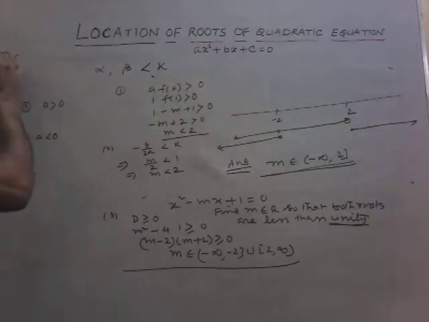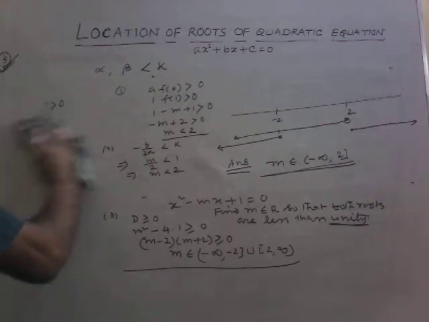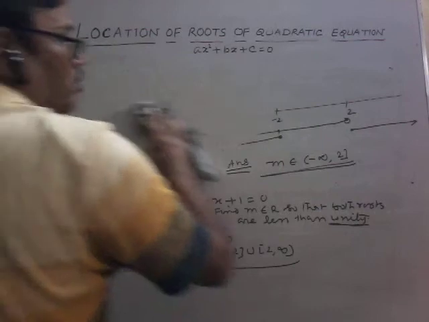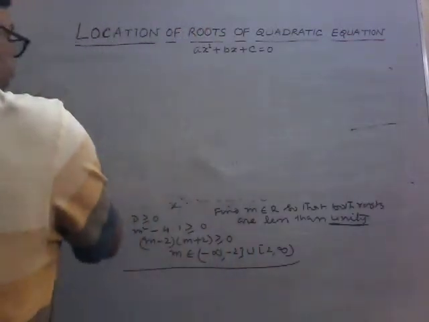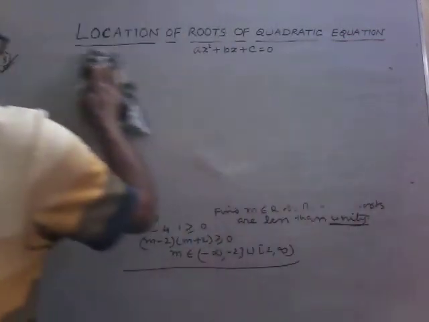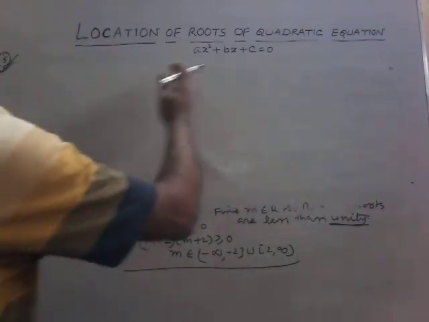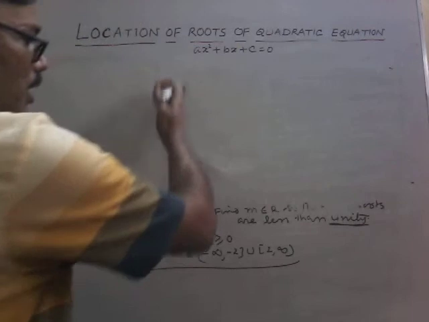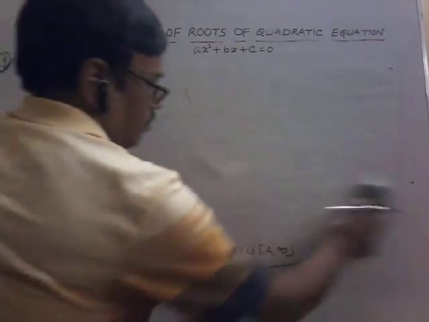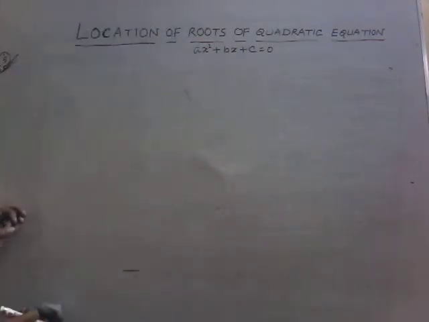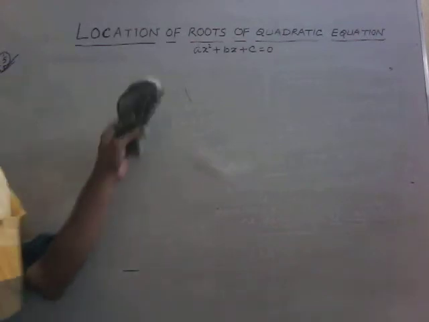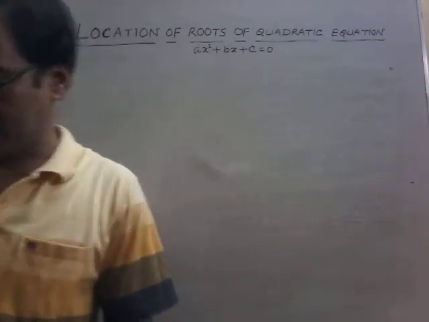Now case 6, location of roots. Case 5 was both the roots less than k. Now case 6: one is less than k, the other is greater than k.